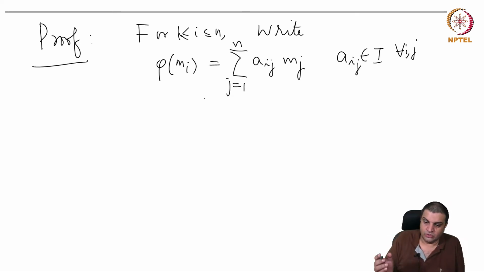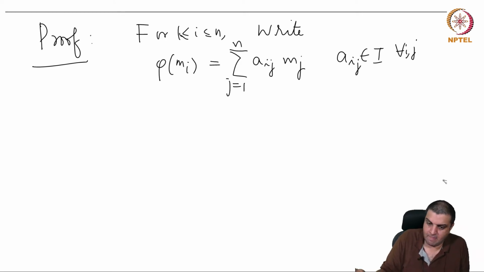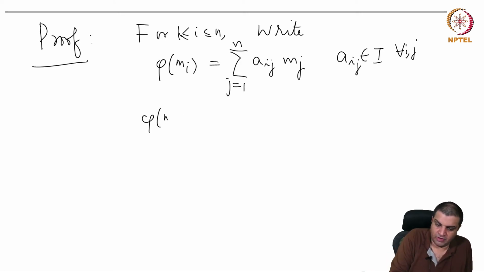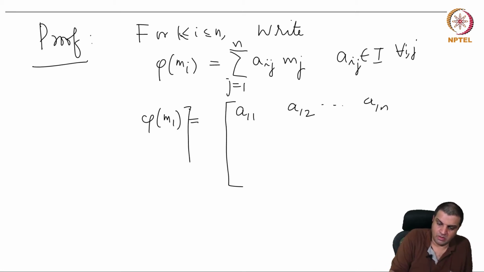So this can be expressed in terms of a matrix. Phi of m1 is a11 m1 and so on. So we can put a11, a12 and so on, a1n as the top row, and so on.